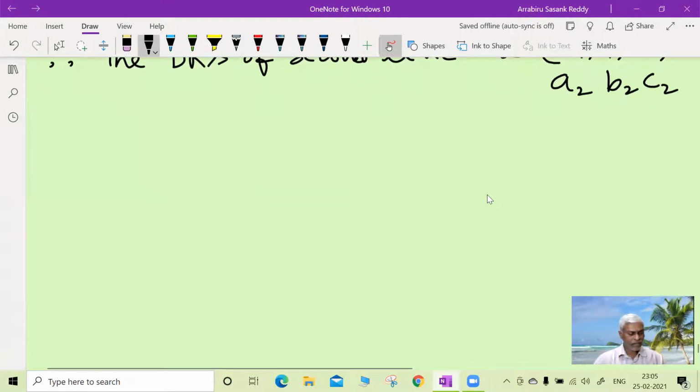When direction ratios of two lines are known, then we can write the direction cosines.